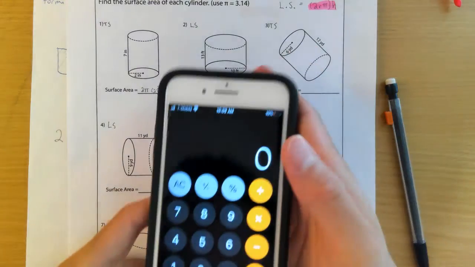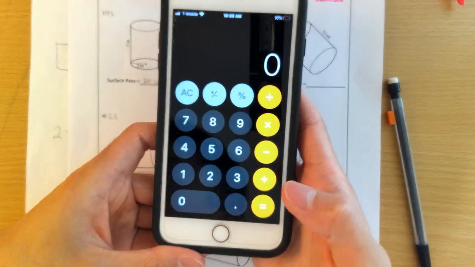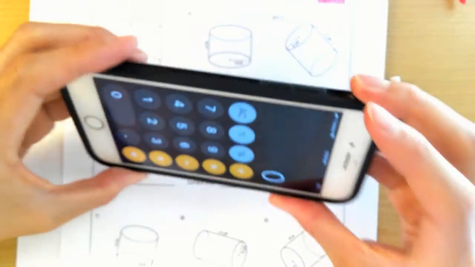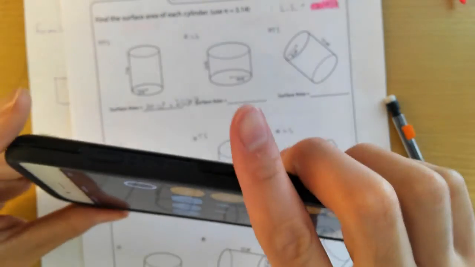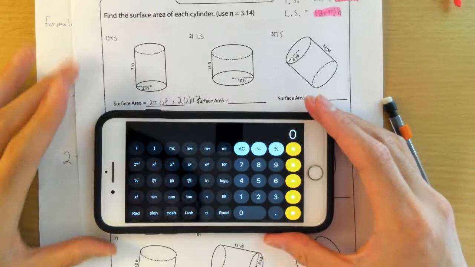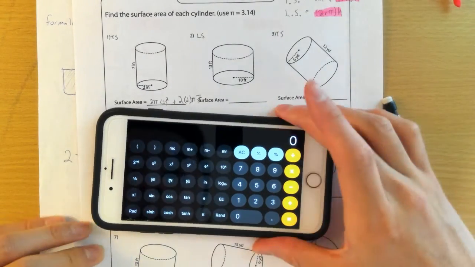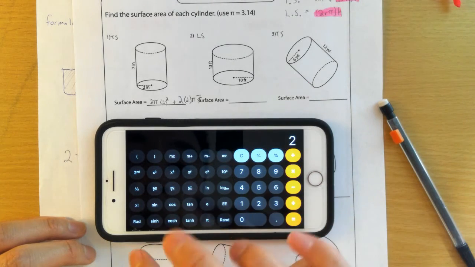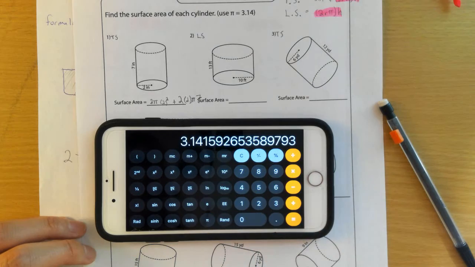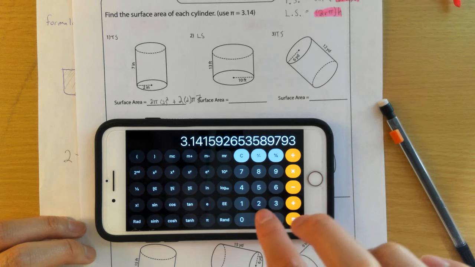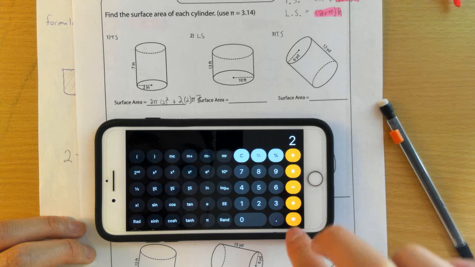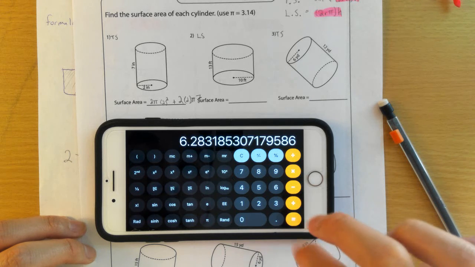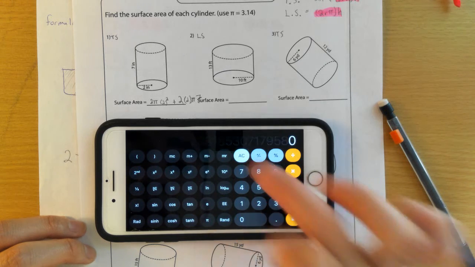I'm using my iPhone. If you turn it this way, you get this. Alright, so we got 2 pi times 2 squared. I don't know if that happened correctly. I'm going to clear that.